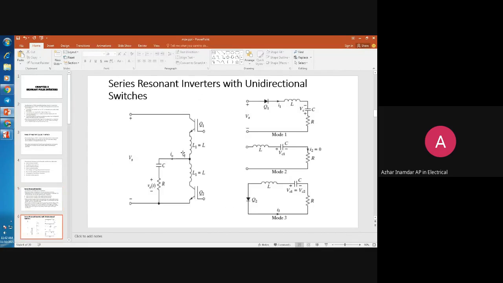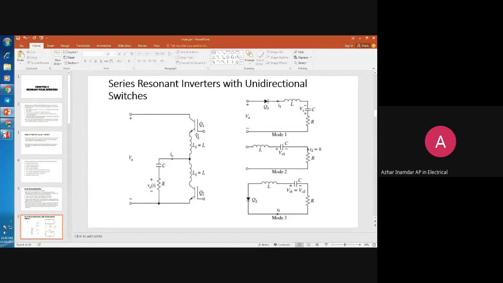For example, in this case, this is a series resonant inverter diagram. Okay, basic circuit diagram. Here we are using either thyristor or IGBT. So this Q1 and Q2 are used as switching elements. If this switching element is a thyristor, it is said to be self-commutated.